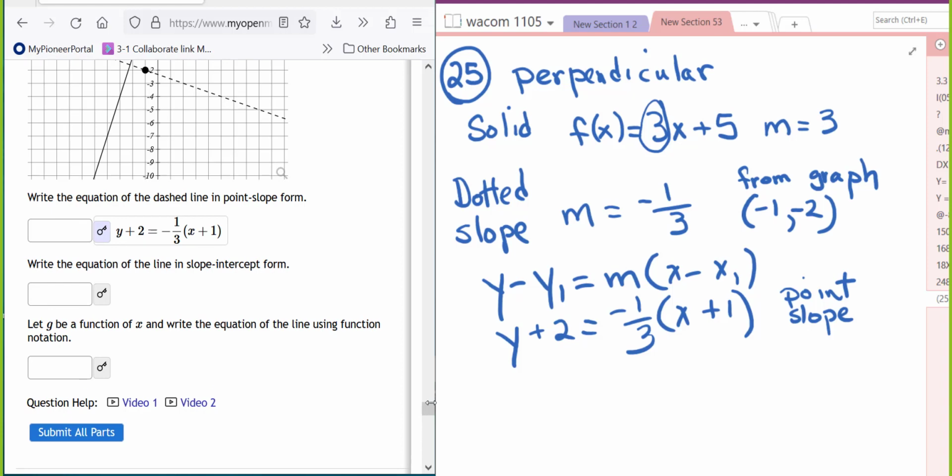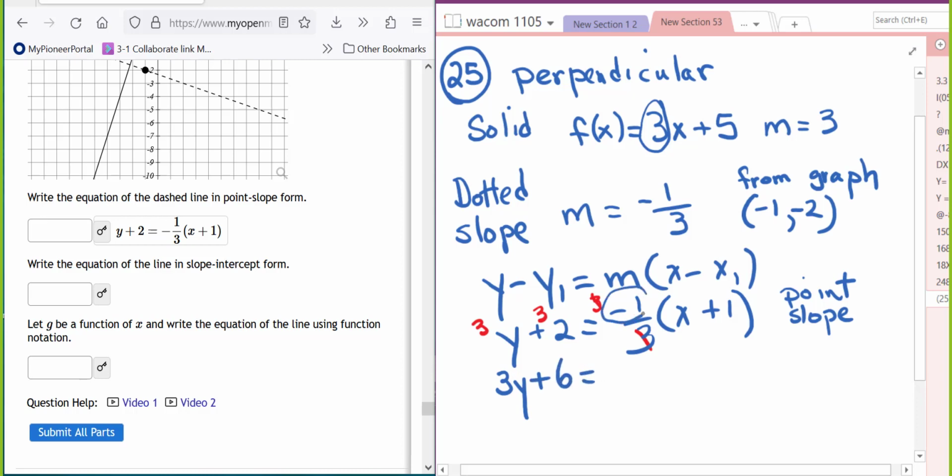And then you want slope-intercept form. So you're going to clear out that fraction. Multiply through by the common denominator. This one cancels. So we have 3y plus 6. You have to just watch your algebra a little bit here and don't forget to distribute that negative. Right, and now we need to isolate the y.